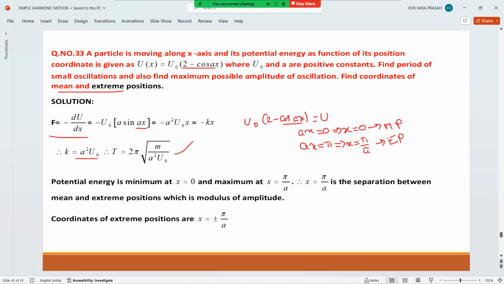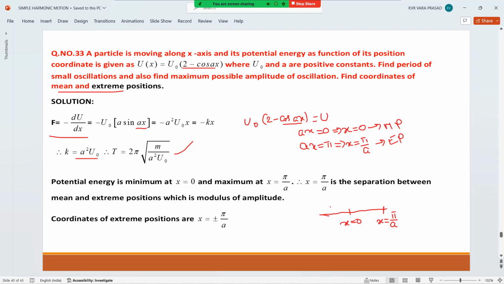Okay. And next we have to get coordinates of the extreme positions. I am making a diagram here. It oscillates along the x-axis about x equal to 0. One extreme position is x equal to pi by a.